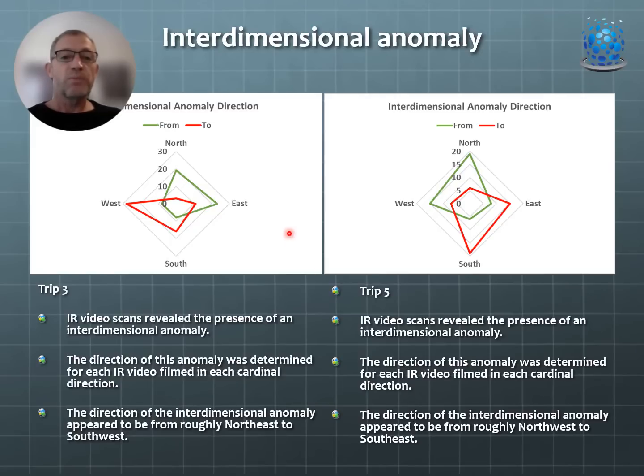Now in this trip here you can see that the orientation from and to was sort of northeast to southwest, and then here it appeared to be northwest to southeast, and what we found was that the orientation of rods tended to be in the direction of the interdimensional anomaly.